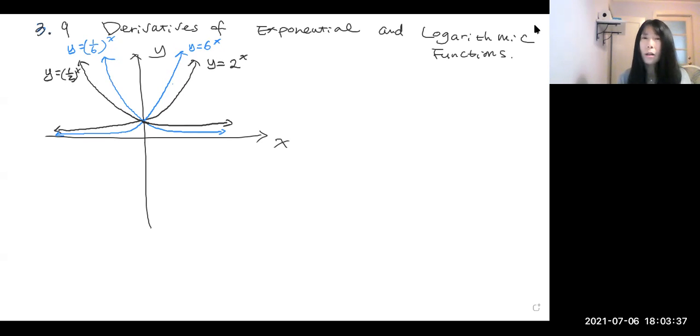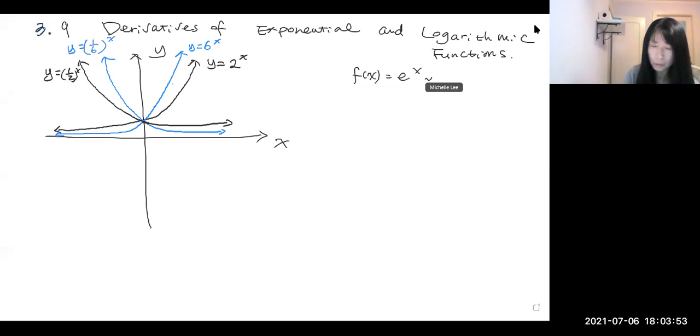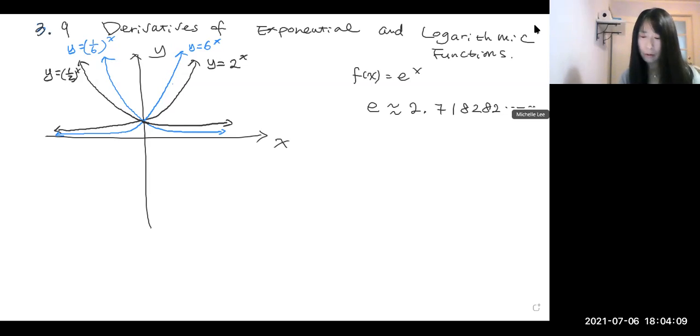All right, so then what's the e function? The e function is between 2 and 3 because e is about 2.718, and there's more, 882, and keep going, right?